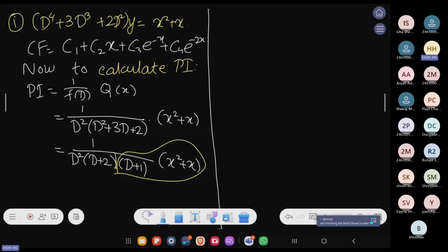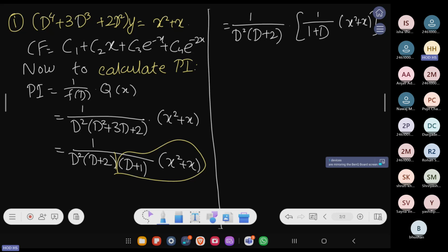I'll operate D square and D plus 2 later. And I will focus on operating 1 upon 1 plus D on x square plus x. Right? Now, what is 1 upon 1 plus D using the previous formula?